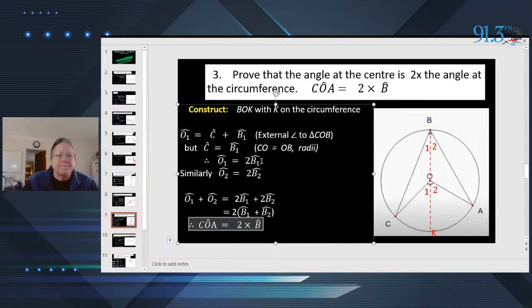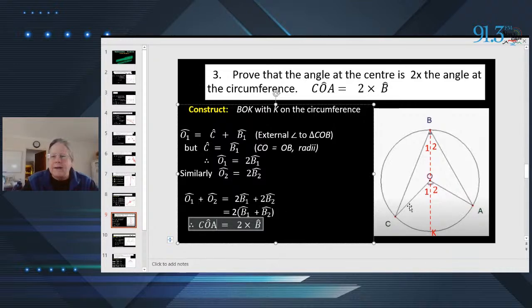Plain algebra. Similarly, we can do it from the other side. We can say O2, where I'm pointing now, is equal to twice angle B2. If we now add it up like with the previous theorems, O1 plus O2 equals 2B1 plus 2B2. We factorize again: 2 open bracket B1 plus B2 close bracket.